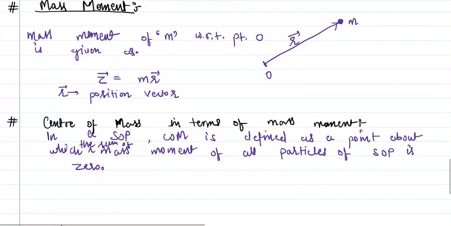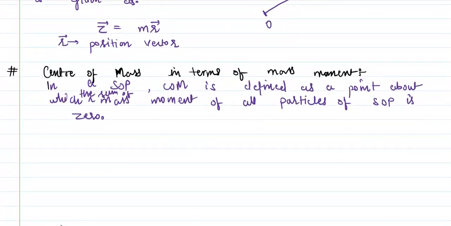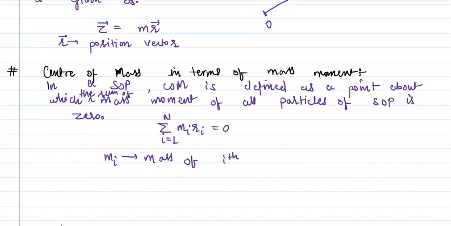And it is given with the help of a formula, summation i equal to 1 to n of mi multiplied by ri is equal to 0, where mi is the mass of the ith particle.